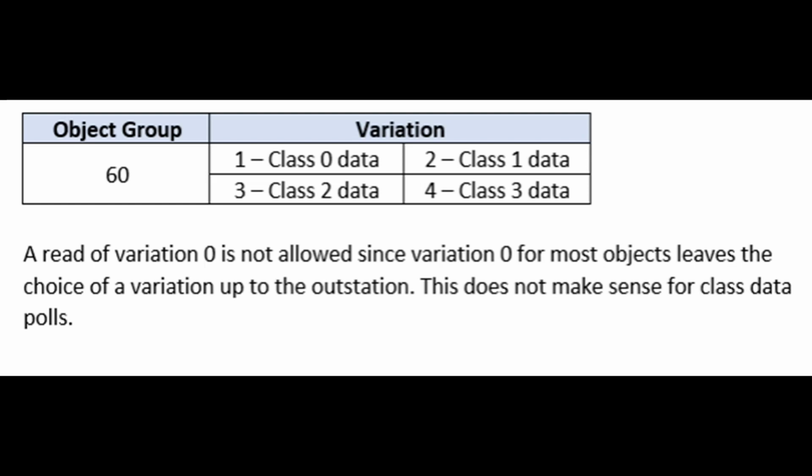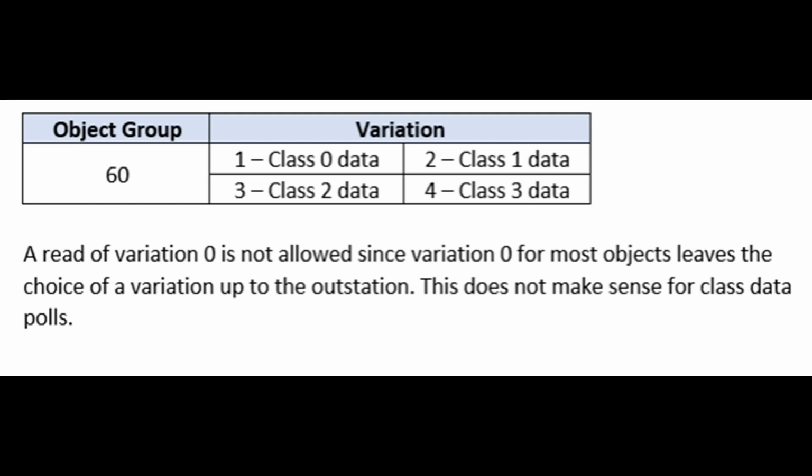Like any other object, a message reading class data uses an object group, variation, qualifier, and range. The object group is 60. The variation is one more than the class.